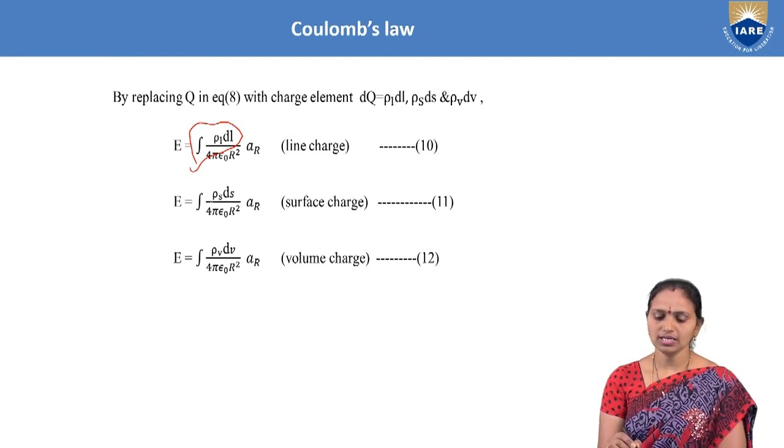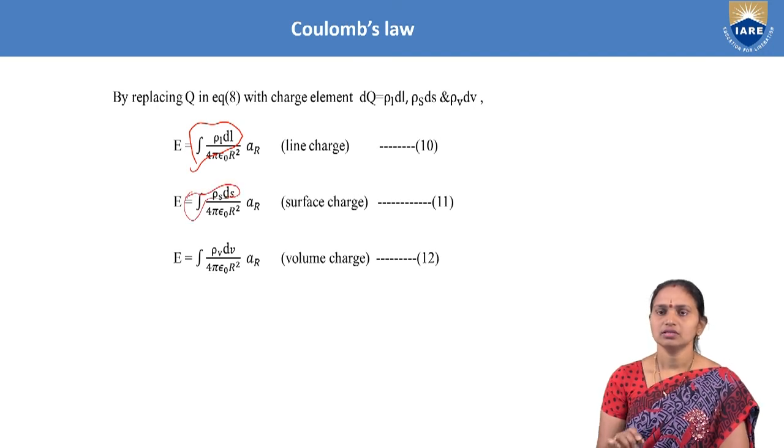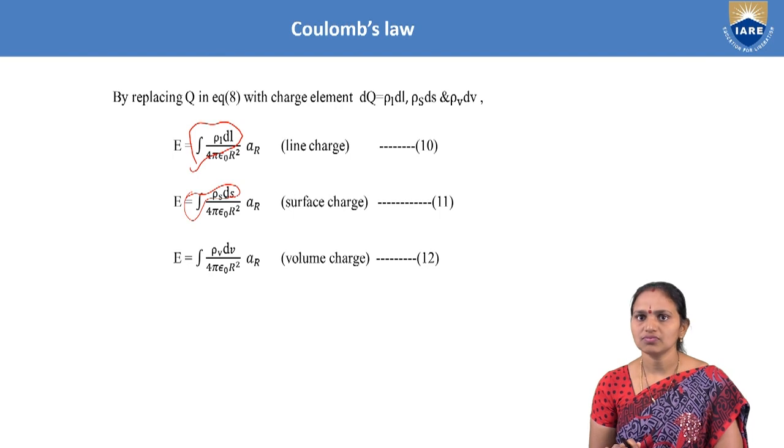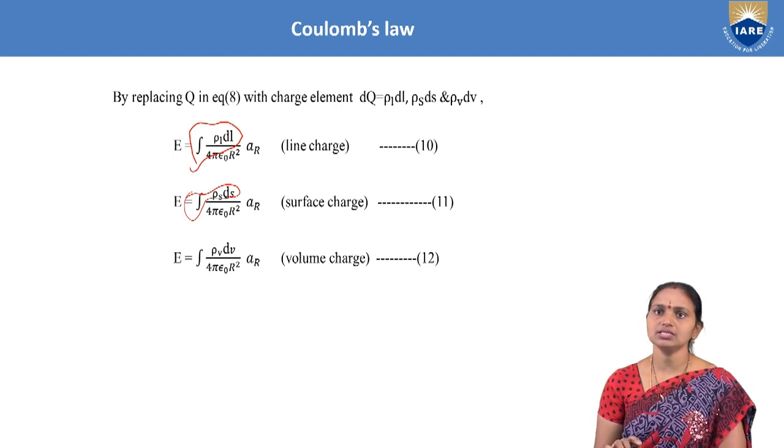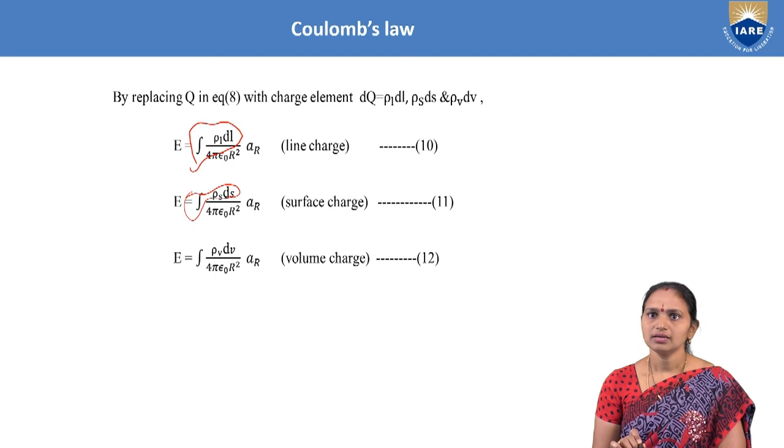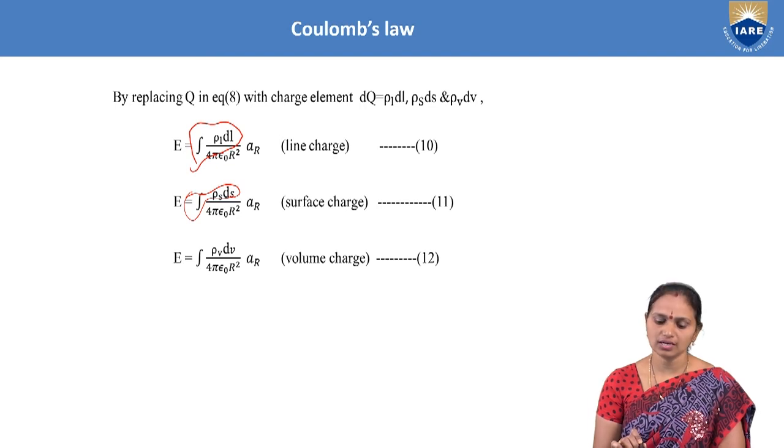So by replacing Q here, E equals integral rho L dl by 4 pi epsilon naught R square into AR. Similarly, in case of surface charge, Q is replaced with the integral of rho S dS, so the final equation for E is integral rho S dS by 4 pi epsilon naught R square into AR.